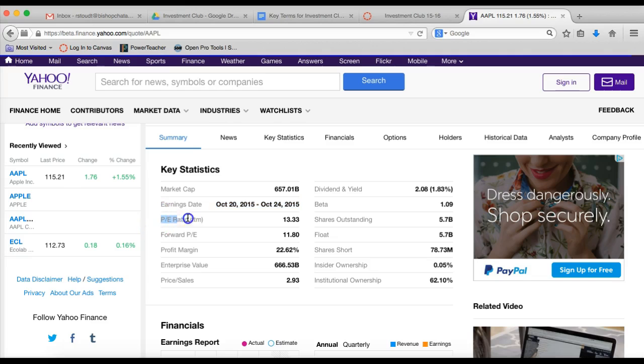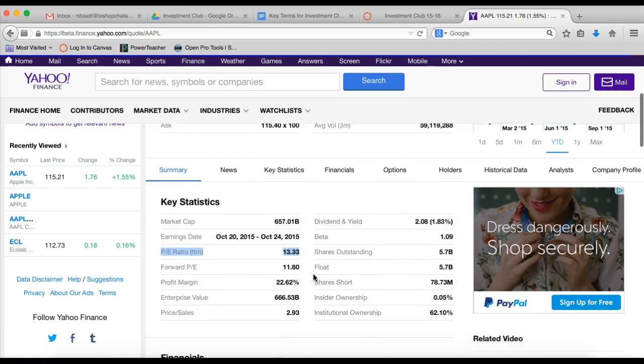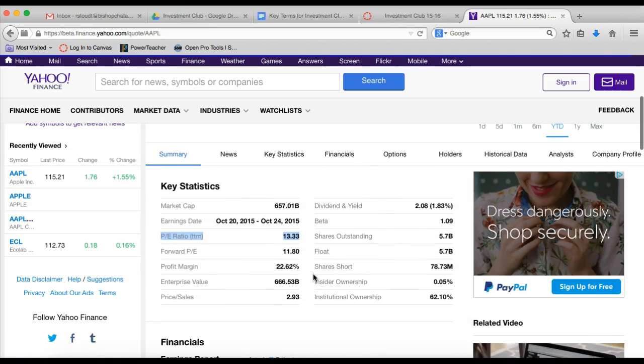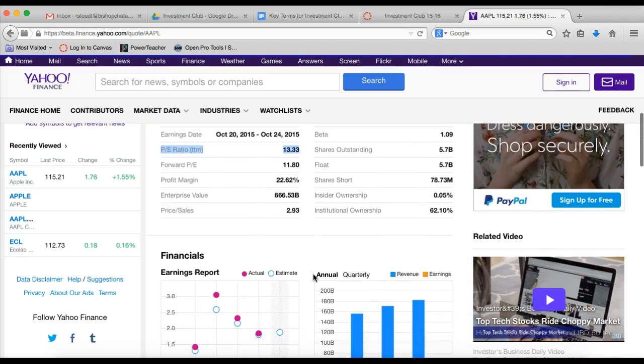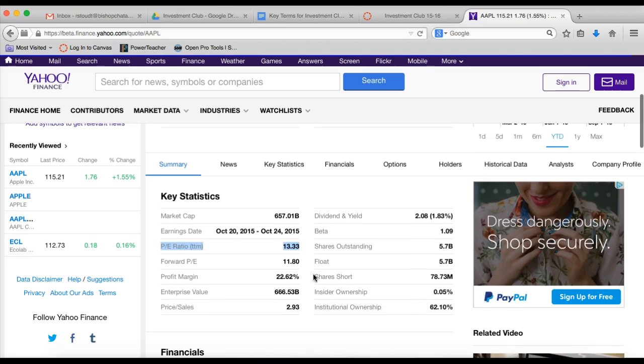PE ratio, this is the price to earnings ratio. What this means is it's comparing the current price of Apple, which is, remember, 115.21, to the earnings per share. I don't see the earnings per share listed on here right now. The earnings per share is telling you how much Apple made per share.